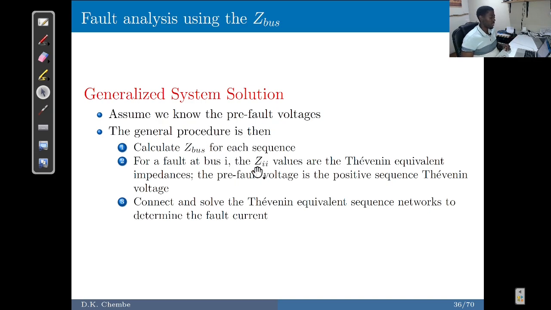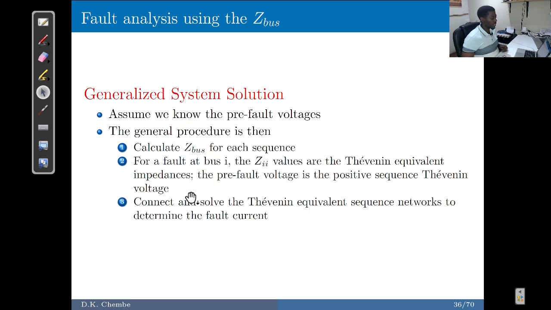When you are solving the fault analysis without the Z bus, it is assumed that you're looking at a very small system, meaning you've got very few buses. In a case where you've got several buses in the system, then we need to use the Z bus, which now incorporates the many buses in the system.